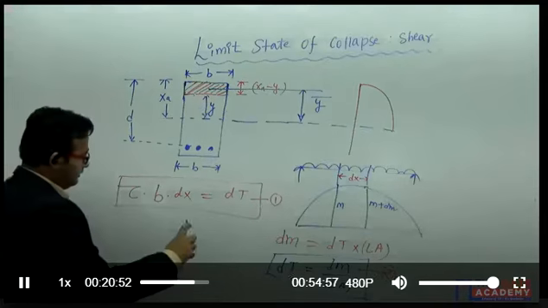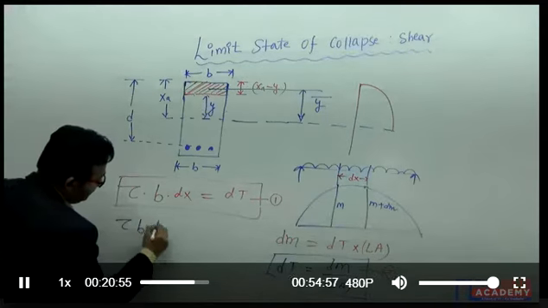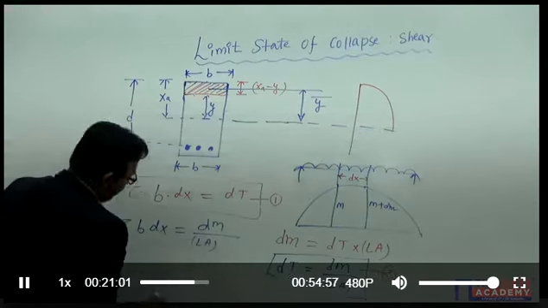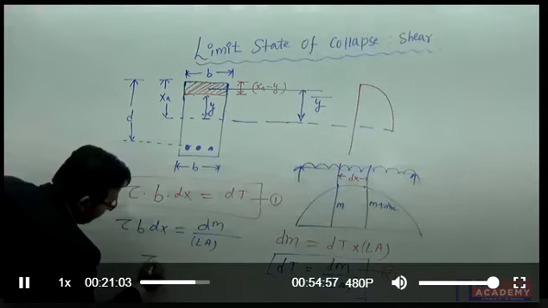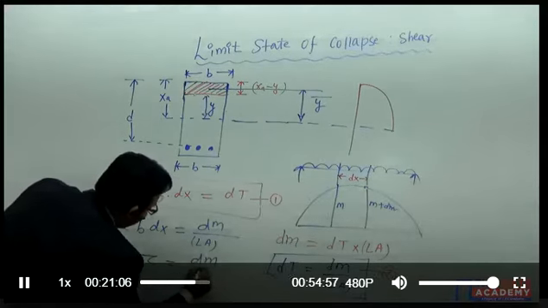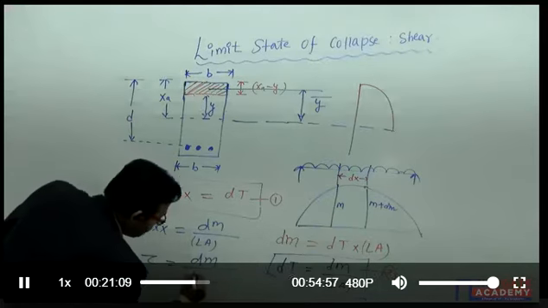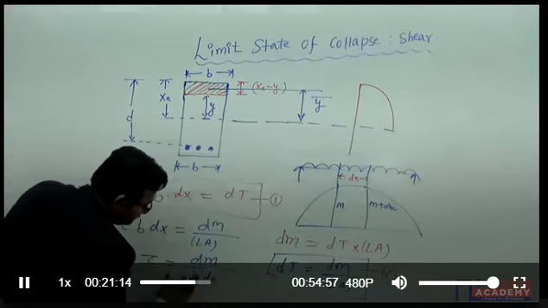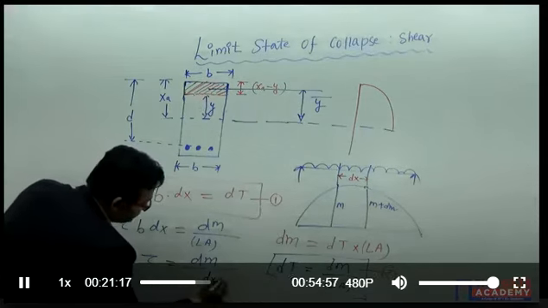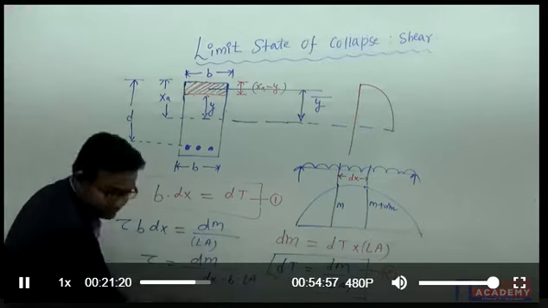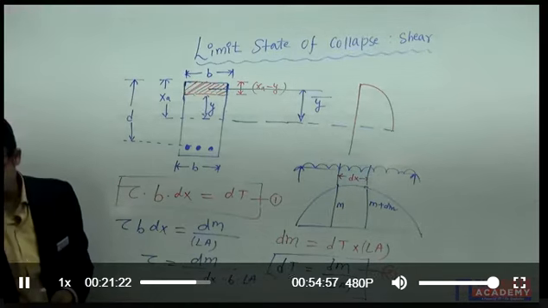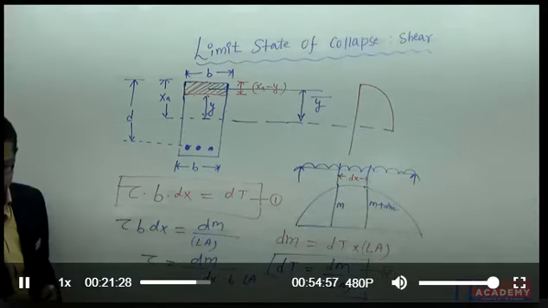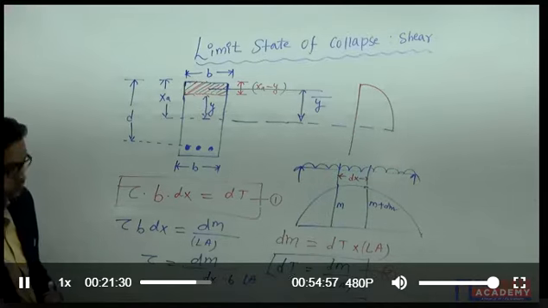So if I write tau b dx equal to dM by lever arm, from here I can calculate the value of tau equal to dM divided by b into dx into lever arm. Right?